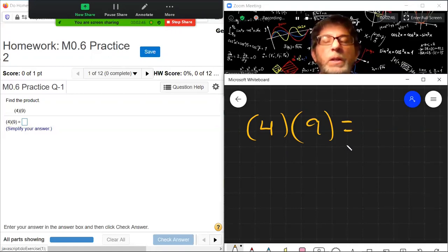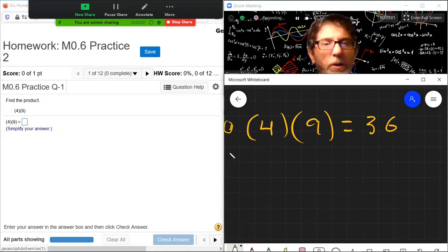Multiplication is inferred by the parentheses. Parentheses means multiplication. So what is 4 times 9? Indeed, it's 36.